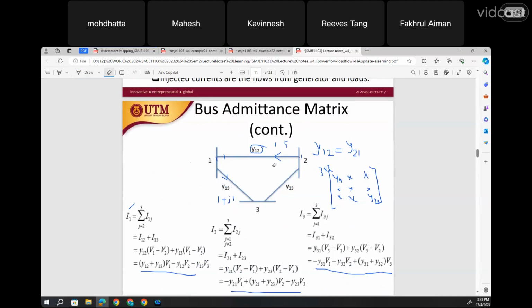Okay, let's say we have a generator over here connected to this first load. And we know that this generator is maybe 1 kilovolt over here.